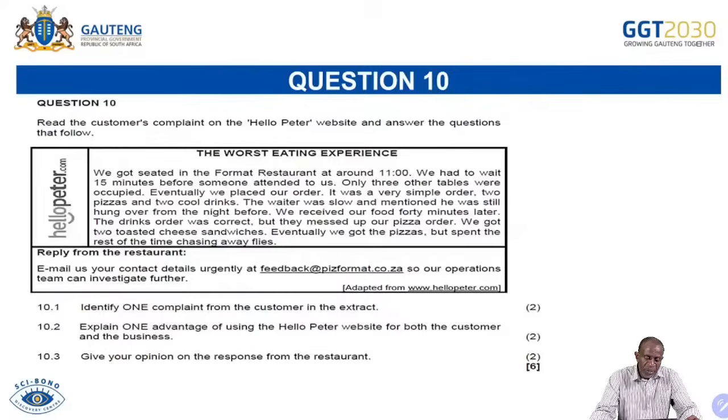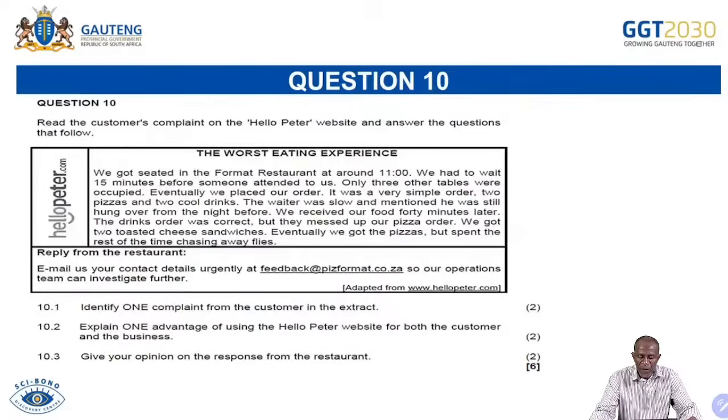We had to wait 15 minutes before someone attended to us. Only 3 other tables were occupied. Eventually, we placed our order. It was a very simple order, 2 pizzas and 2 cool drinks. The waiter was slow and mentioned he was still hungover from the night before.